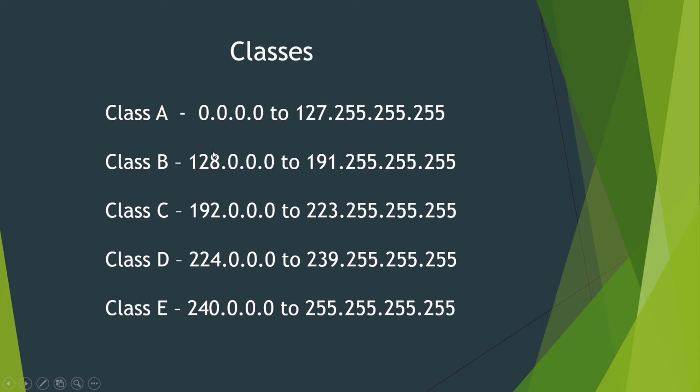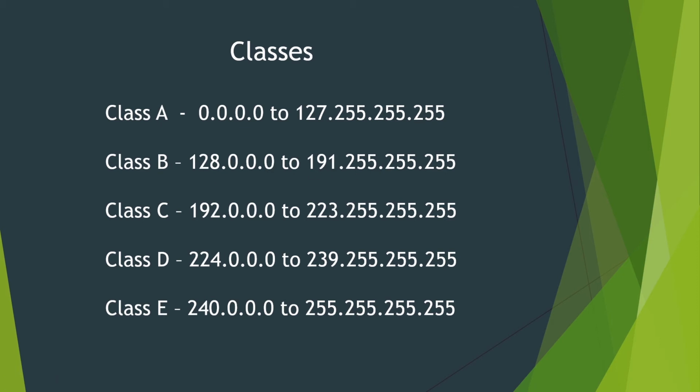So if there is any IP address starting with, say, 130, then it goes to class B. In class B there is a private IP address range, which is 172.16.x.x, where you can replace the x with 0 to 255. Don't worry about these private IP address ranges.